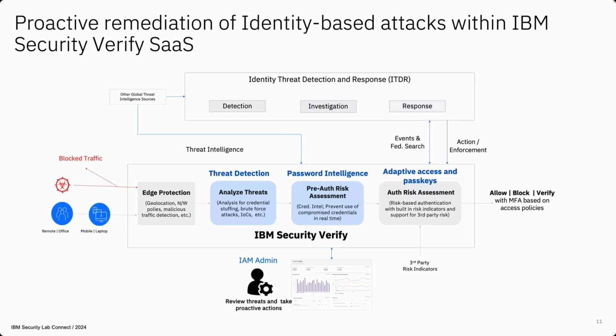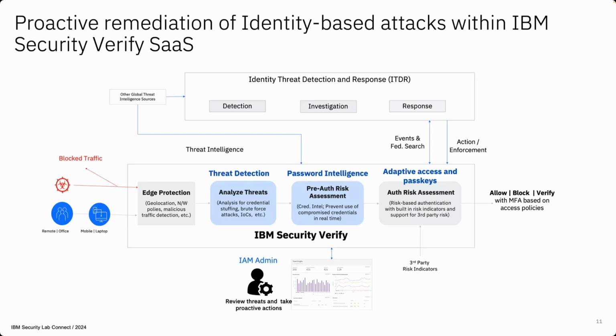But we have really four key areas that we look at for threats in the context of the service itself. The first is edge protection that looks at malicious traffic and macro-level attacks like DDoS attacks, macro-level things like SQL injection and things of that nature, right? So that's our web application firewall that runs across the service.